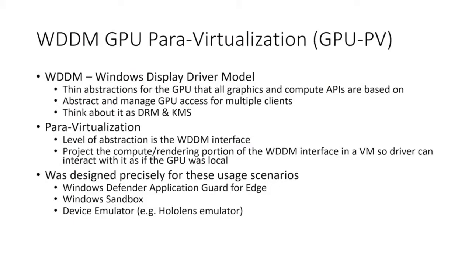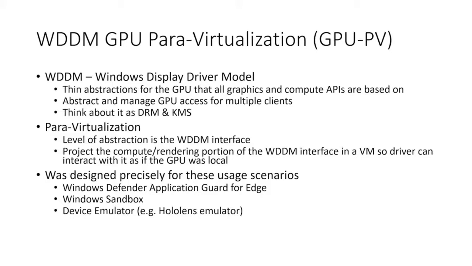WDDM paravirtualization was designed for exactly these kinds of scenarios, and it's used today for hosting Windows guests in various scenarios. For example, we use it for Windows Defender Application Guard, where we run the browser inside a virtual machine for increased security. It's used in Windows Sandbox, and in the device simulator.